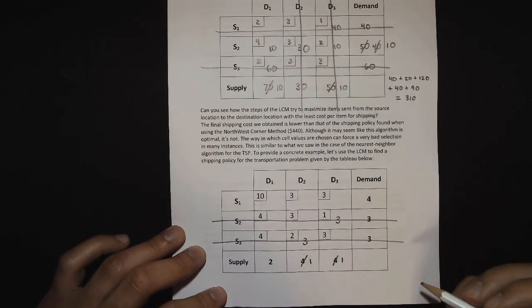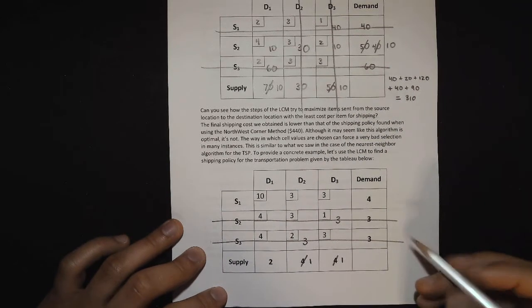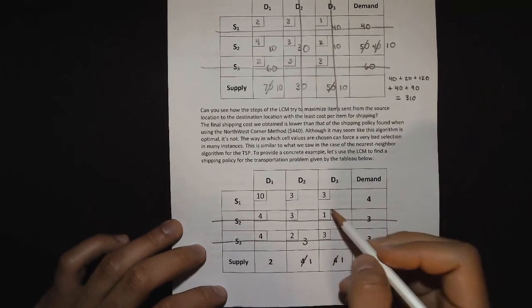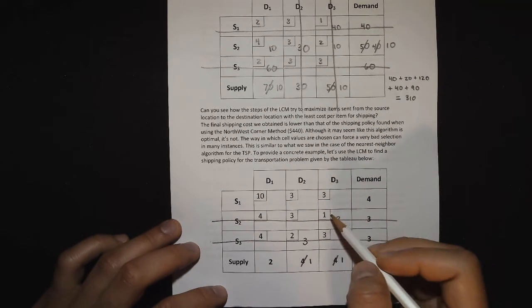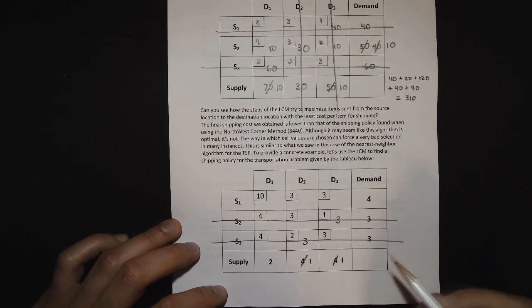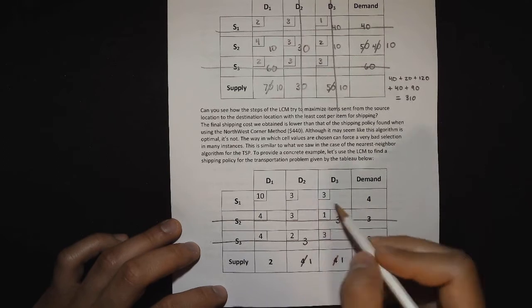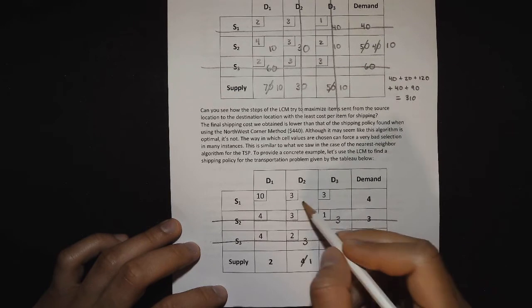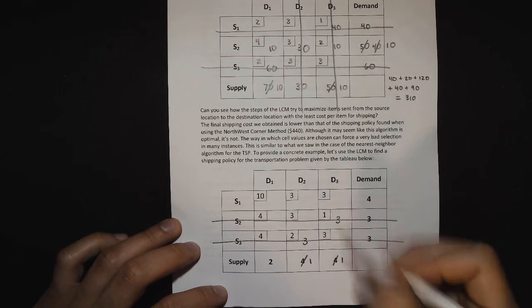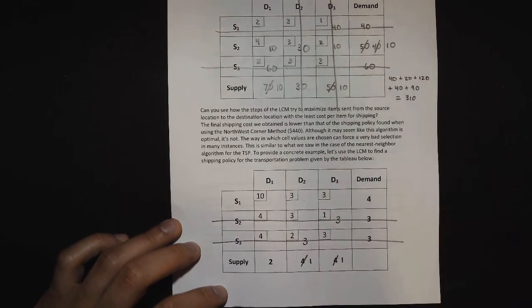So we select from these 3 cells the cell with the lowest shipping cost. Well, we have a tie here. Then we compare the minimum rim condition for each of these cells, but they're the same. Both of these cells have as their minimum rim condition 1. I won't give you any problems where this is the case.